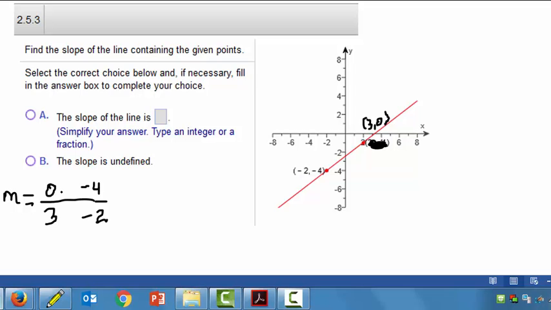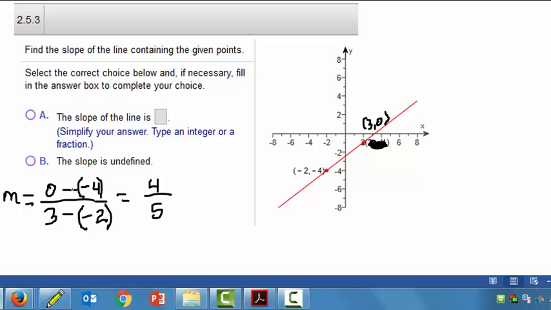So I am actually subtracting from 0 a negative 4 and I'm subtracting from 3 a negative 2. So 0 minus negative 4 is 4. 3 minus negative 2 is 5. So my slope is 4/5.